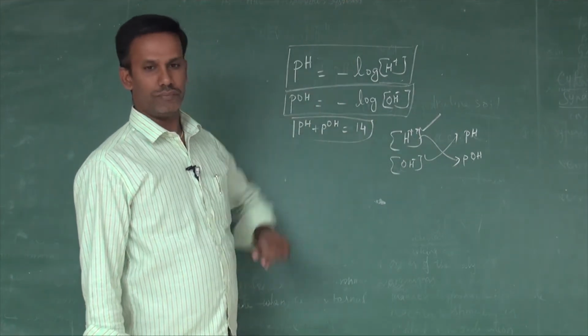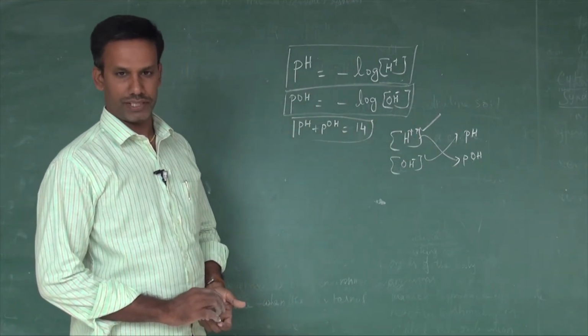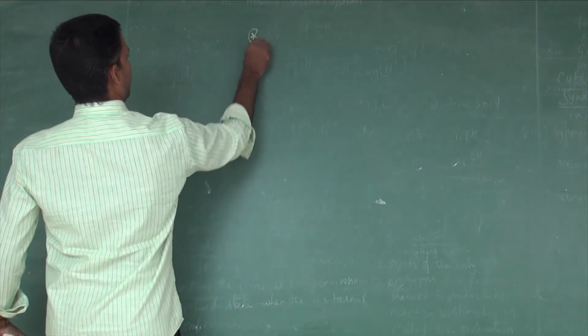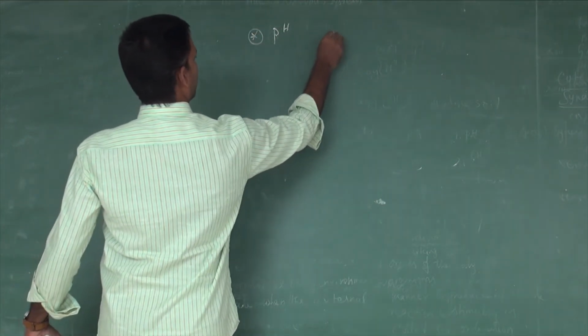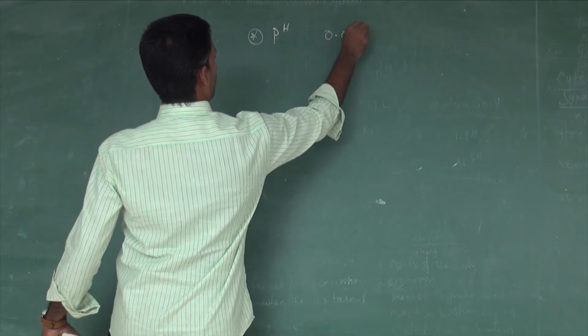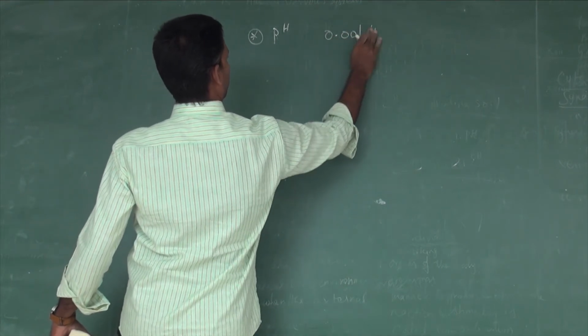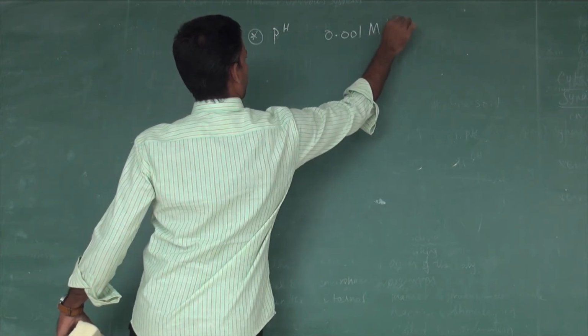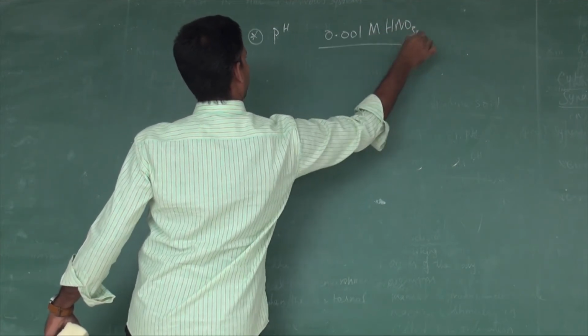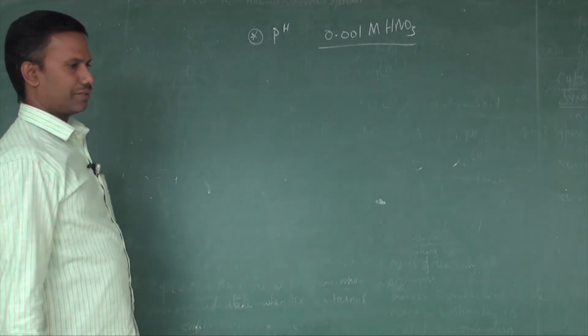So let me do some examples based on pH problems. What is the pH of a solution having 0.001 M HNO3? This is a question.